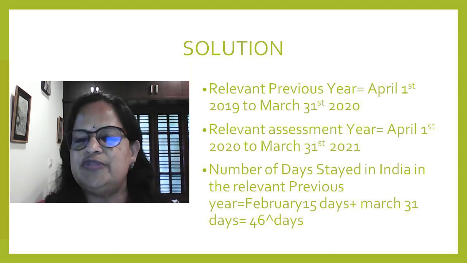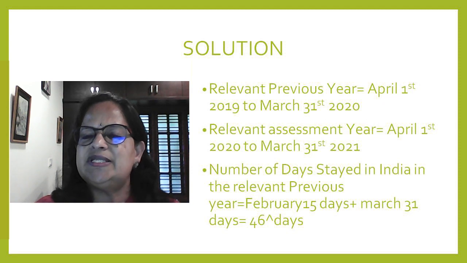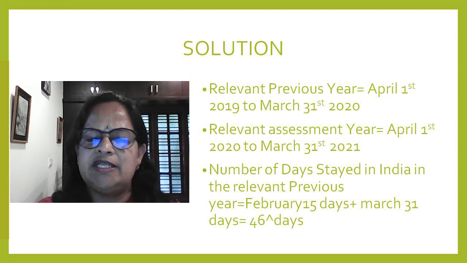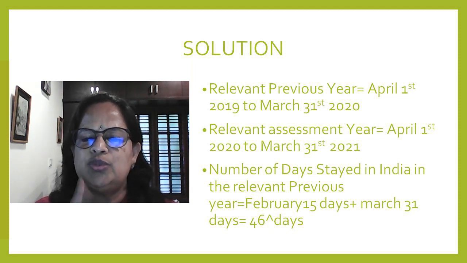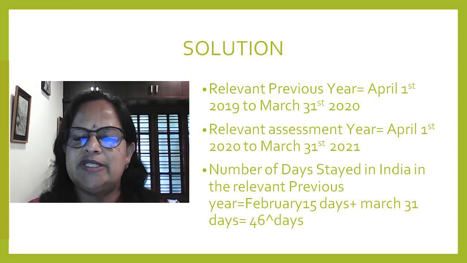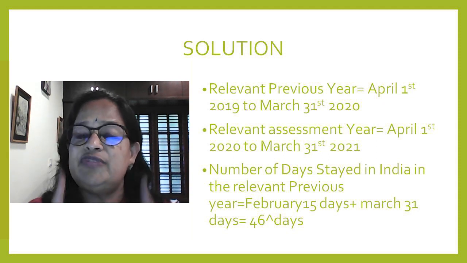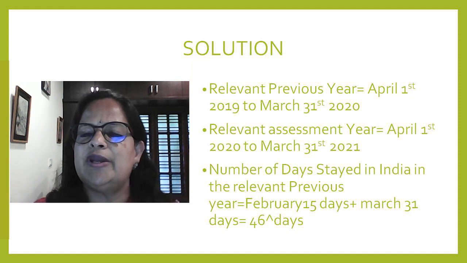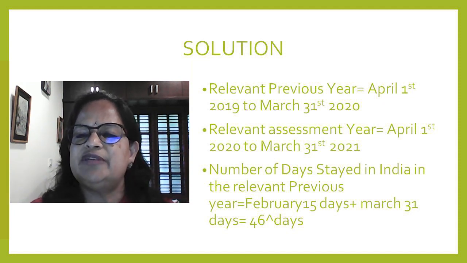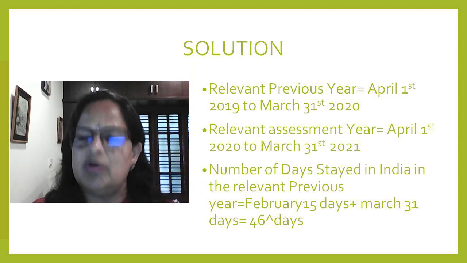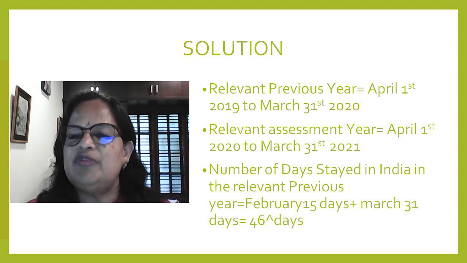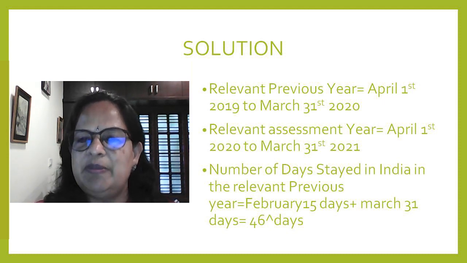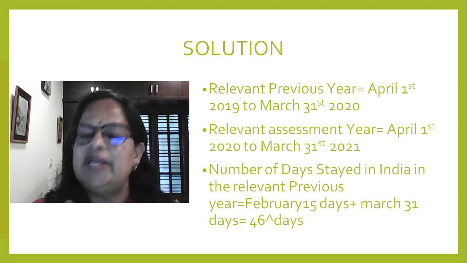When a broken month is there, count with your fingers: 15, 16, 17, 18, 19, 20, 21, 22, 23, 24, 25, 26, 27, 28, 29. That is 15 days in February. If it's a full month, you don't have to use your fingers. Directly you can write that. So March 31 days you can write as it is, because you don't have to count. So 15 days and 31 days, total you will get 46 days. That means only 46 days he stayed in India.